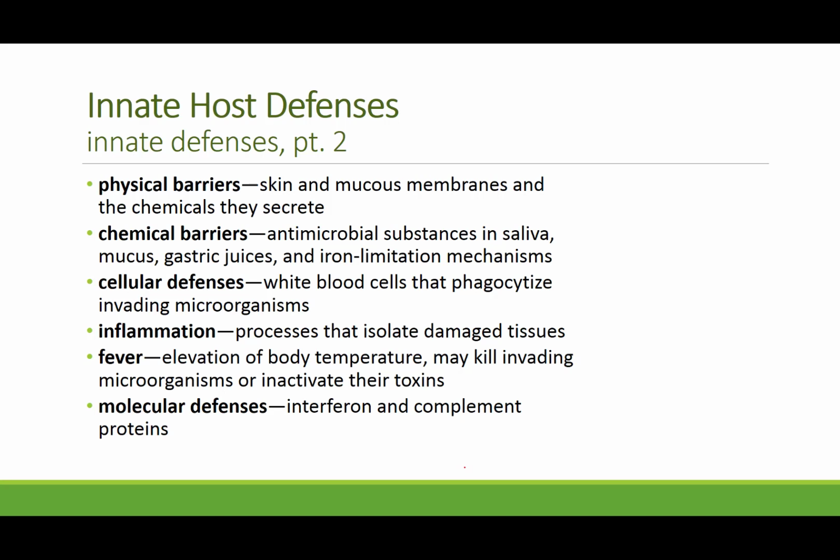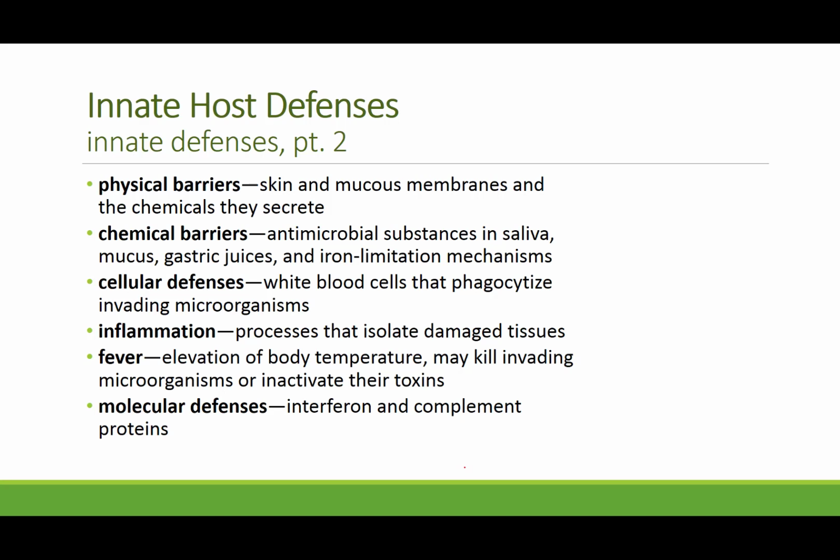If we look inside the nose or into the reproductive tract or the urinary tract or the digestive tract, or anywhere we find mucous membranes. And the chemicals that skin and mucous membranes secrete are also part of this physical barrier.